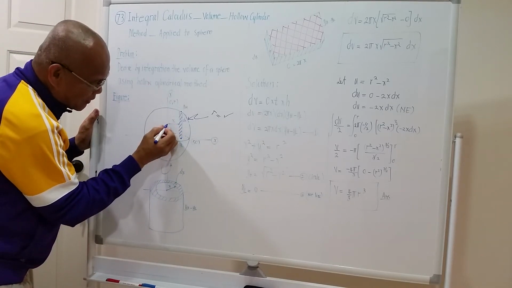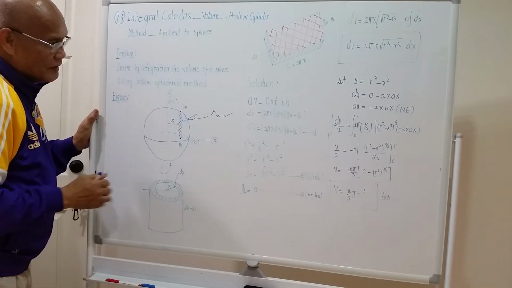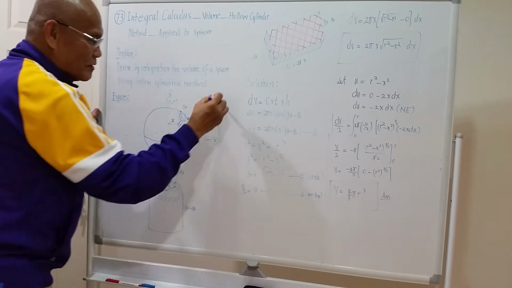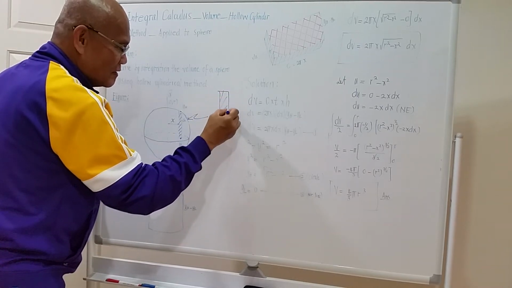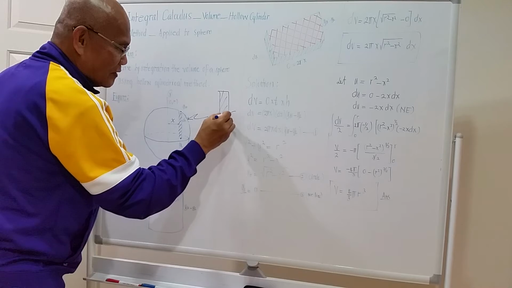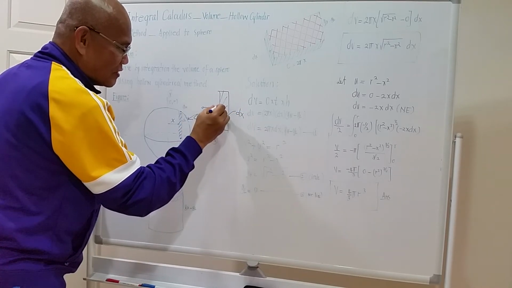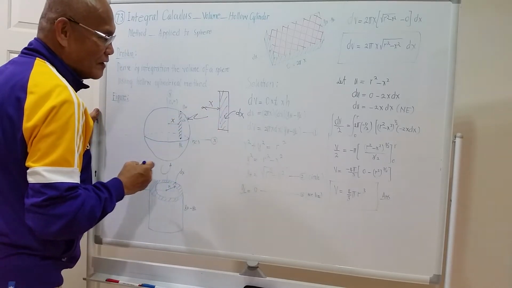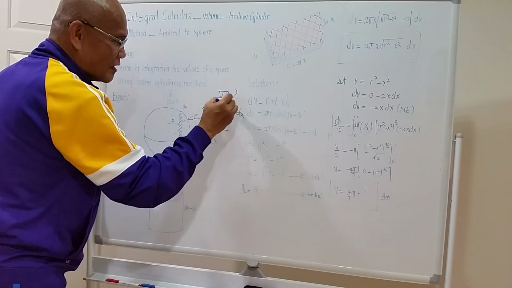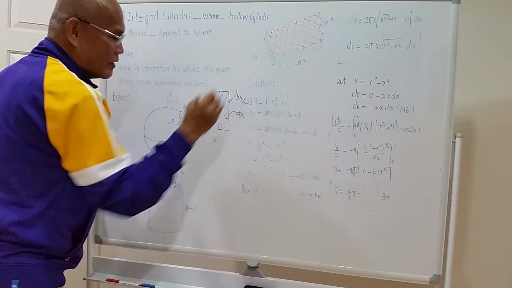Its distance from the axis of rotation is x. So this is the slice, the thickness is dx, its distance from the axis of rotation is x, and its height is y higher minus y lower.